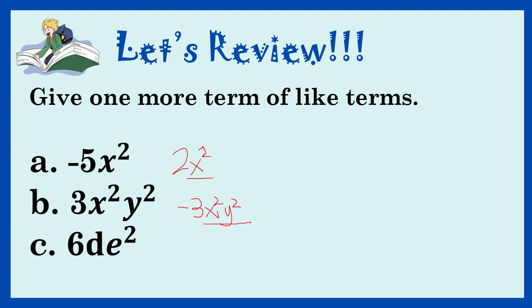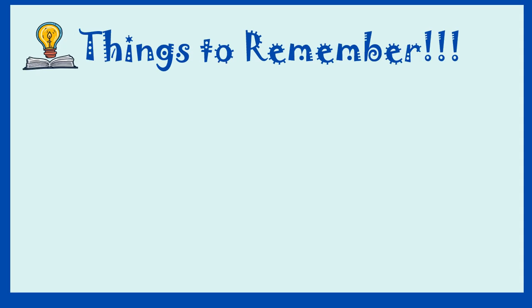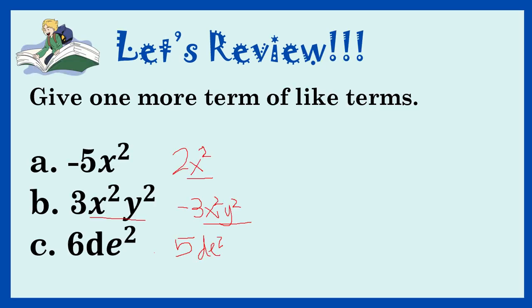So, parehas ang kanyang variables. And for letter C, 6d squared. Pwede nga, sige, 5 na lang. Yung kanyang numerical, 5d squared. Okay? Sana nakapagbigay ka ng mga terms na like terms dito sa mga review natin. I hope clear na rin ang like terms and unlike term.